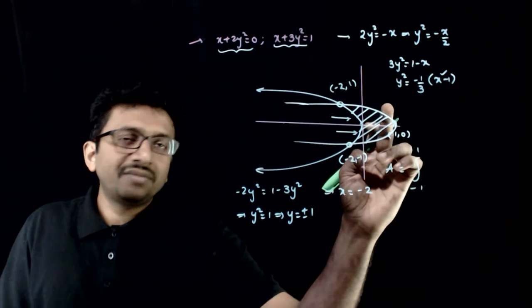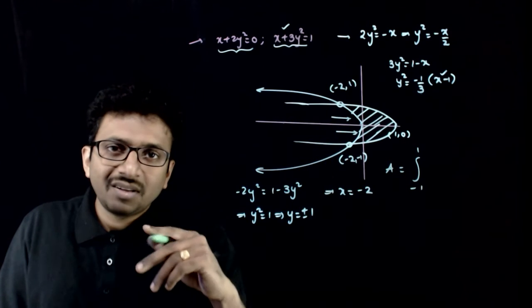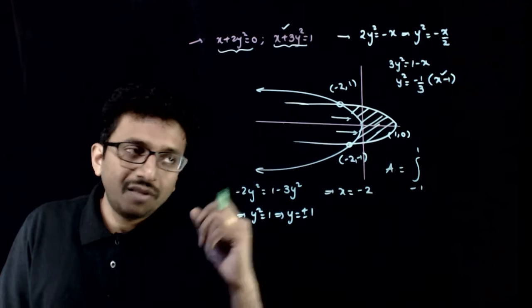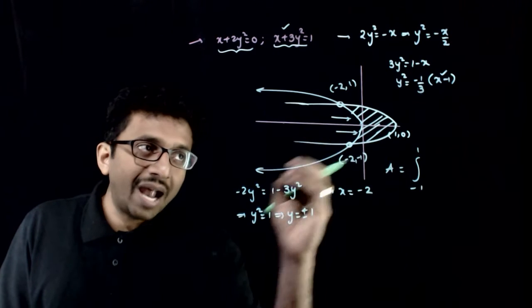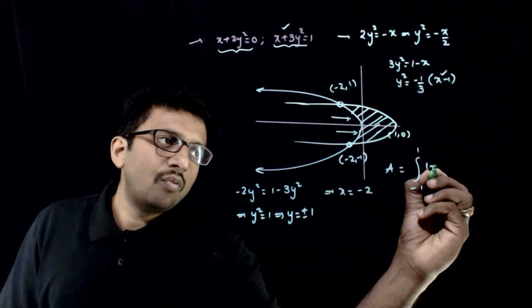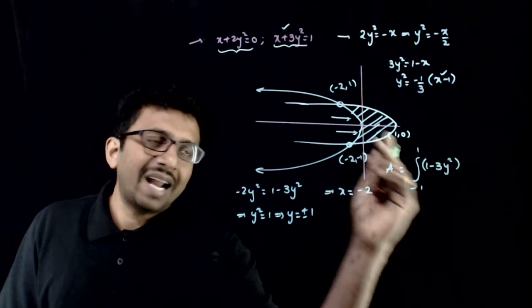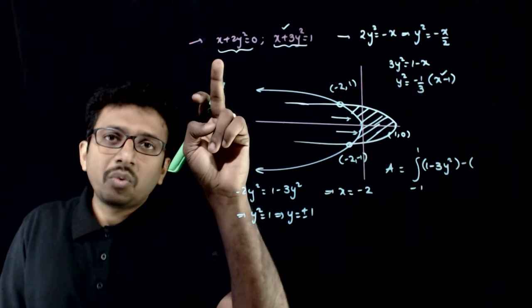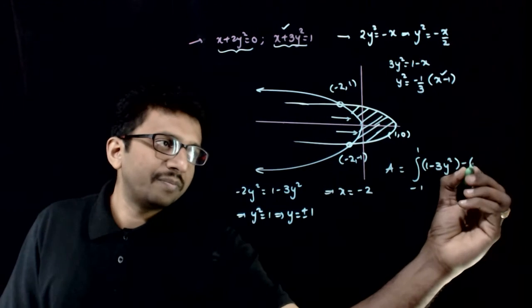When you are integrating with respect to y, integrating the area horizontally, you have to express the curve as x = something. The rightmost curve is x = 1 - 3y², minus the leftmost curve x = -2y².